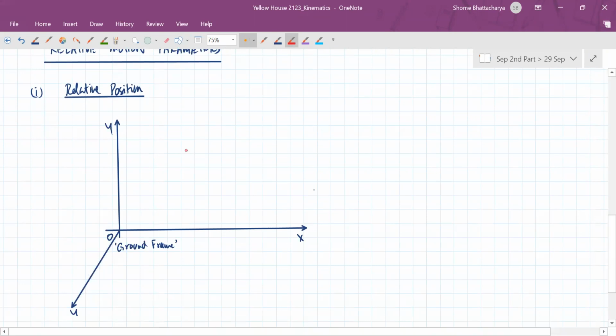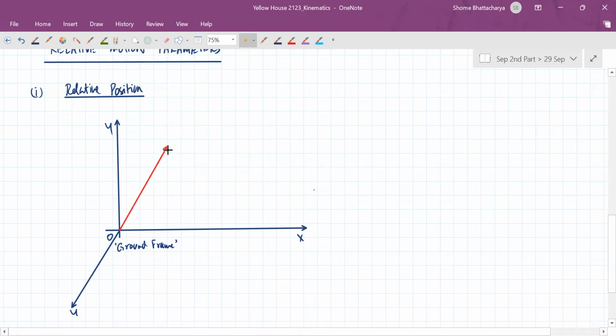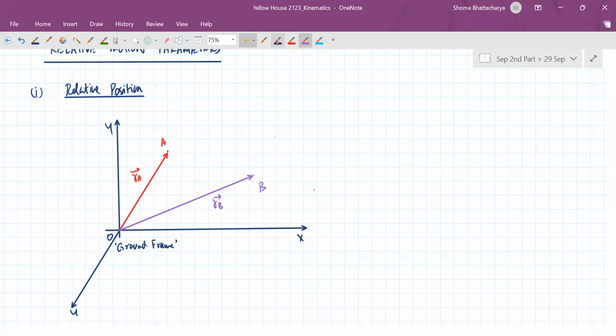So in the ground frame, a certain particle or certain body A is located over here, let's say. Its position vector is RA, and another body or particle is located, let's say, here.